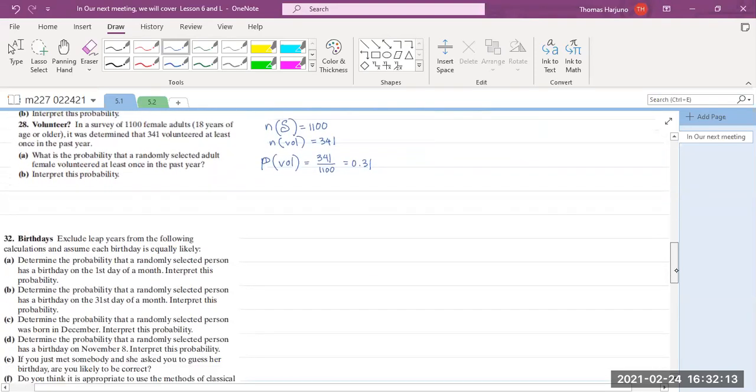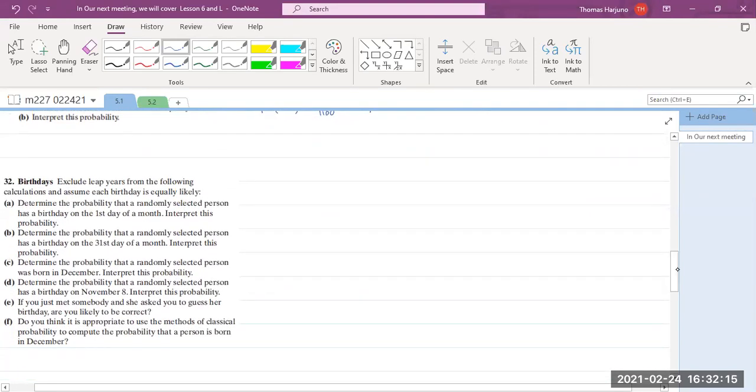Number 32, this gets more interesting. Exclude leap years from the following calculation and assume each birthday is equally likely. You know this is not true. Birthdays are actually not equally likely.